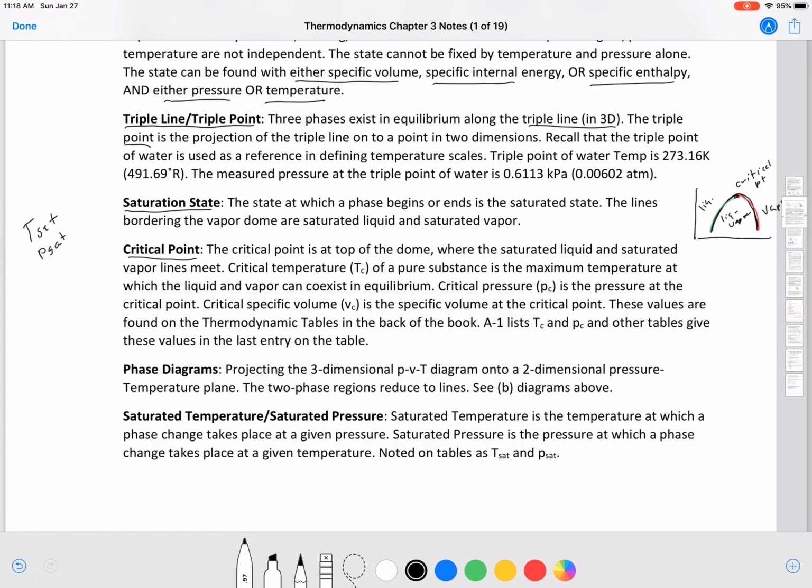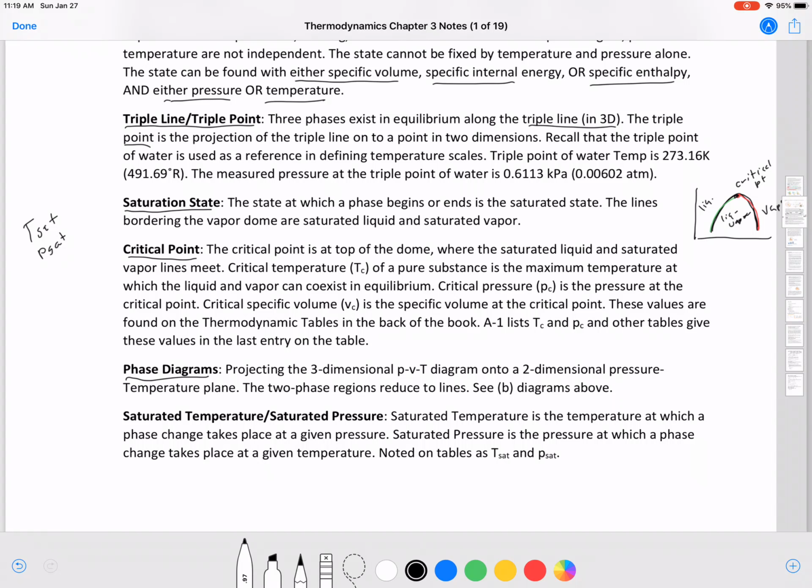Phase diagrams project the three-dimensional PVT diagram, that three-dimensional diagram we saw just a minute ago in the first one, onto a two-dimensional pressure-temperature plane. The two-phase regions are reduced to lines. That's B above.